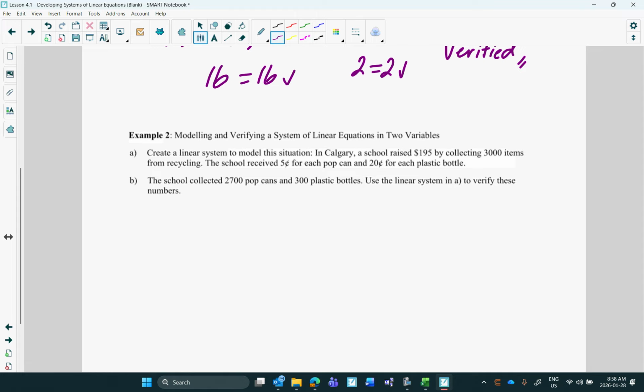So using all that, we're asked to set up a system. Again, start with your X and Y. What are our 2 unknowns here? Right. Cans and bottles.